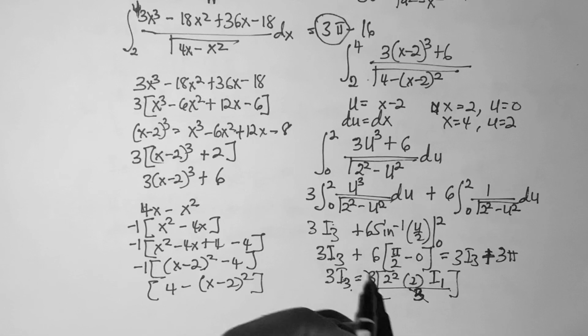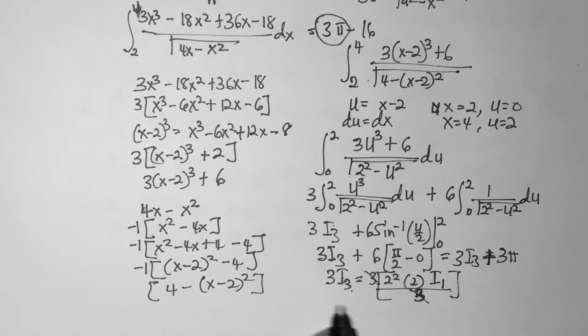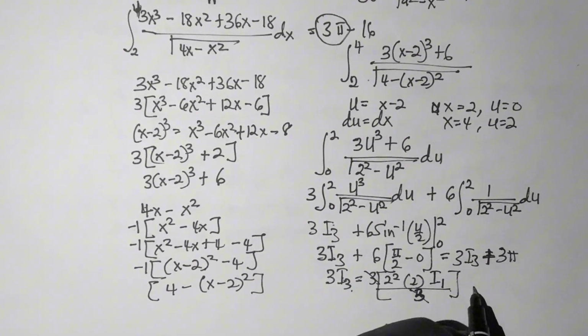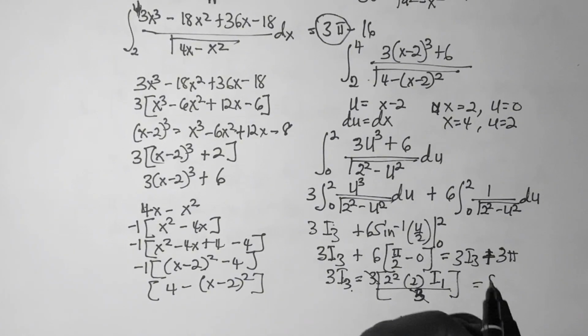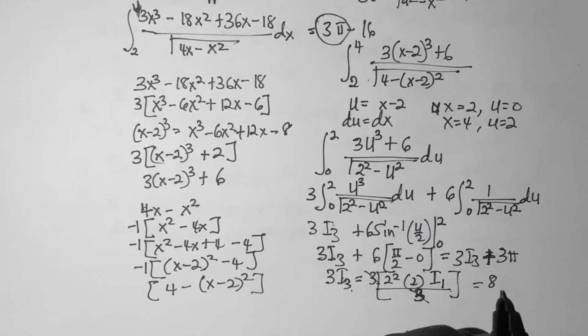So this 3 and this 3 will cancel out. We are left with 2 squared, which is 4, and 4 times 2 is 8, so 8 I1.